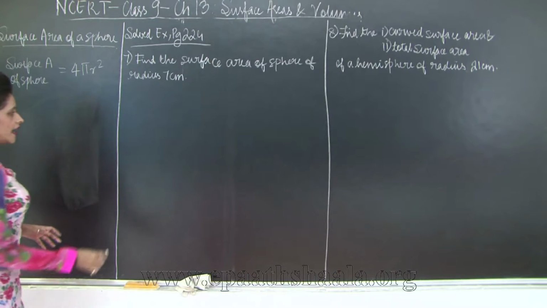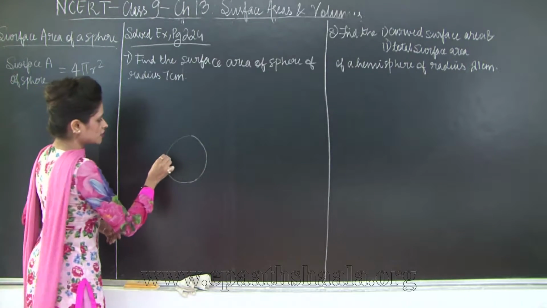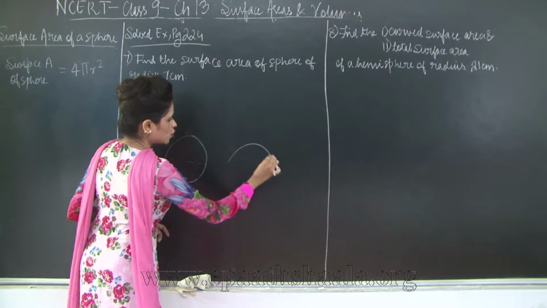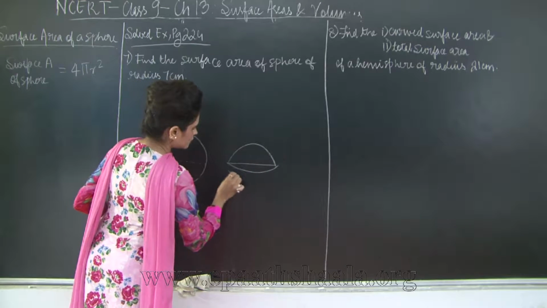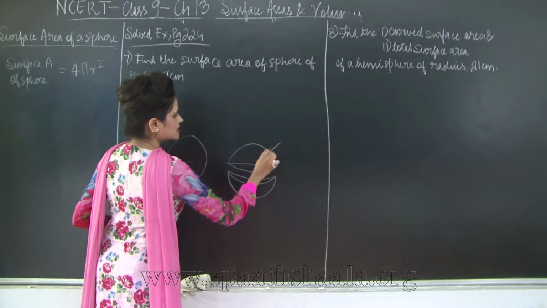Now let's say I take this sphere and I cut it towards the center. So I will get two equal parts of it, right? And each of these equal parts is known as a hemisphere.